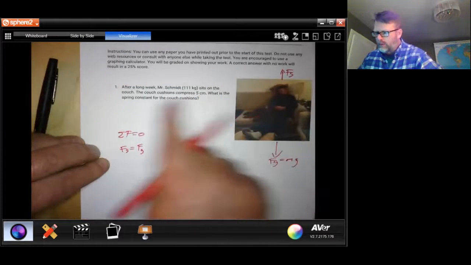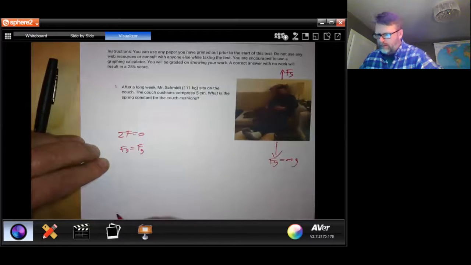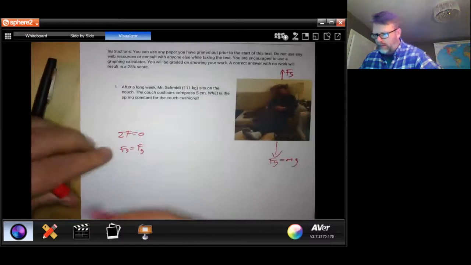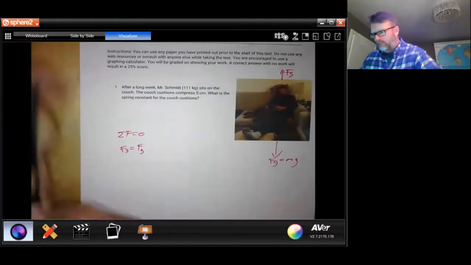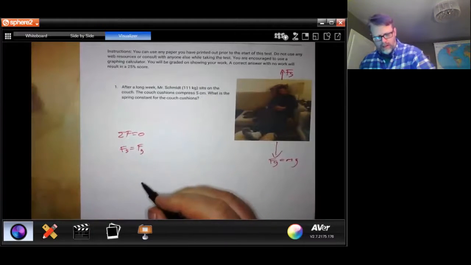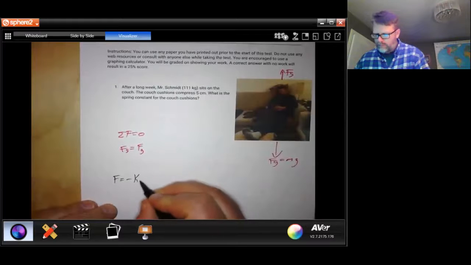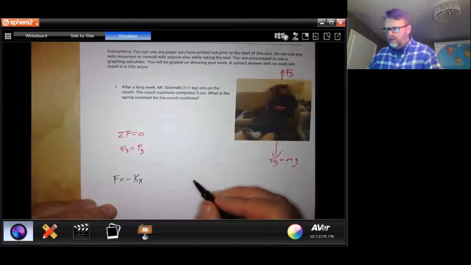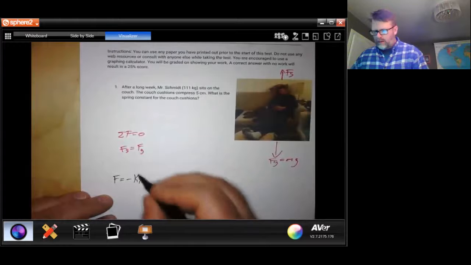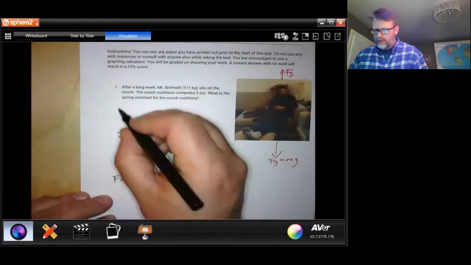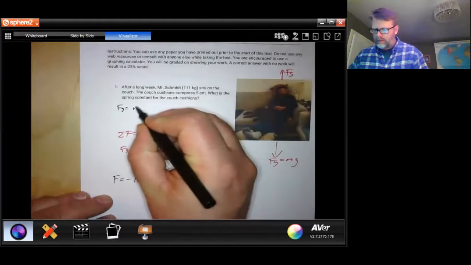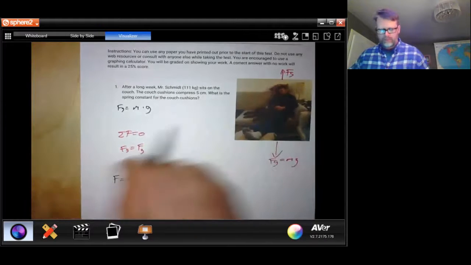So we're looking for the spring constant. We're going to have to end with force equals negative kx, and as we see here, we're going to need the force of gravity equals m times g.